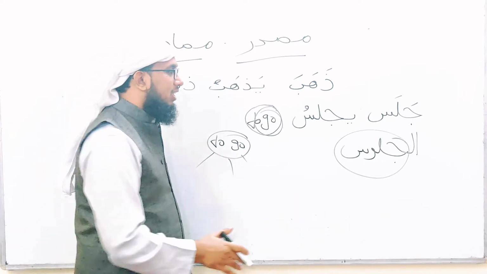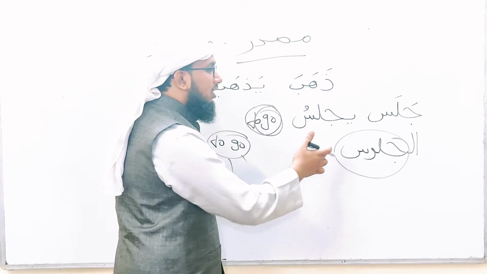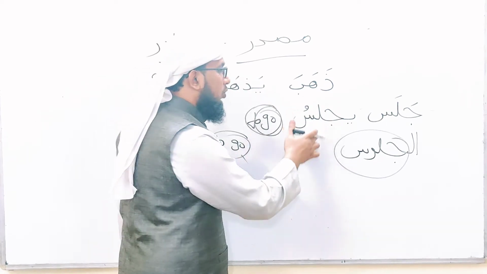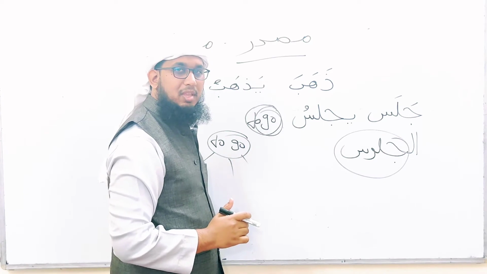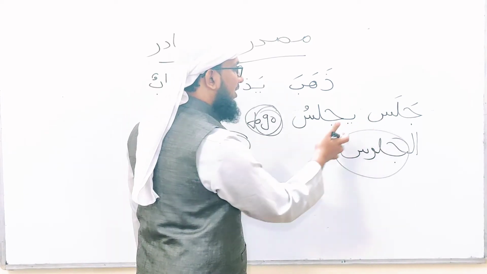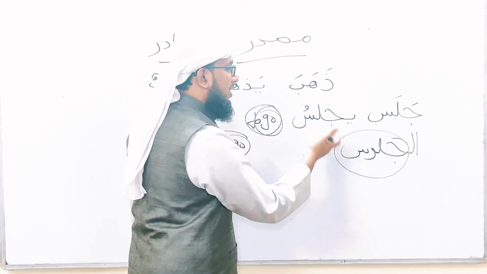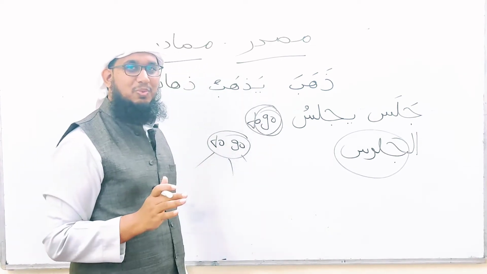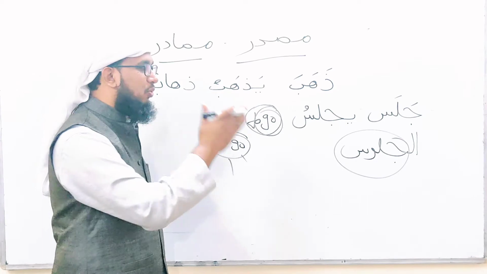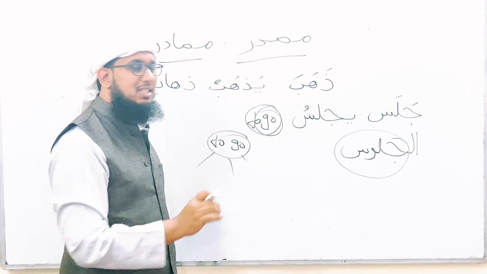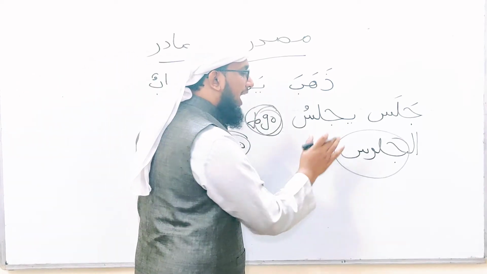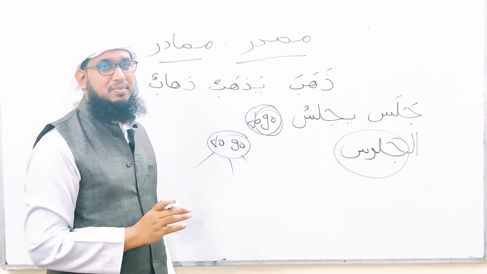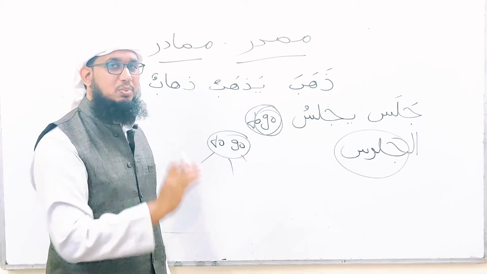I have told you that how do we know the wazn of fi'l mudari' from the fi'l madi? Because dhahaba yadhhabu, jalasa becomes yajlisu. There is no rule. You have to memorize how it is. Likewise, the masdar also has to be memorized.